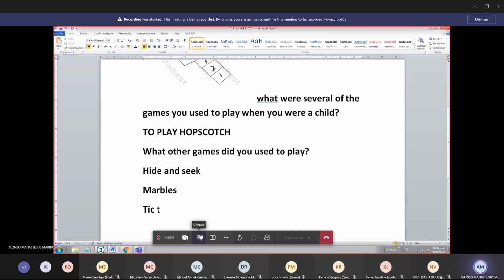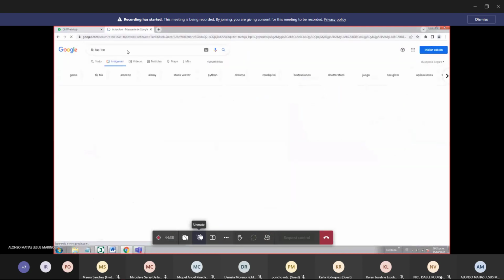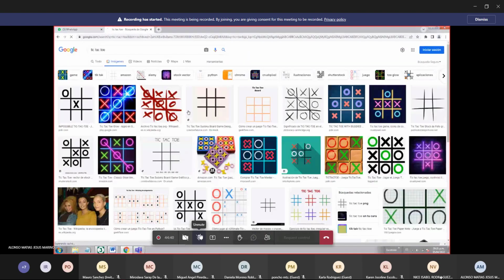Do you remember tic-tac-toe? Tic-tac-toe? Yes, teacher. Oh, yes. Tic-tac-toe.